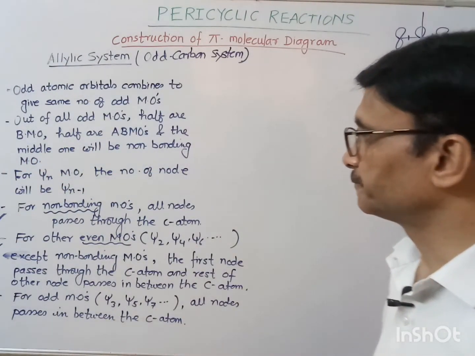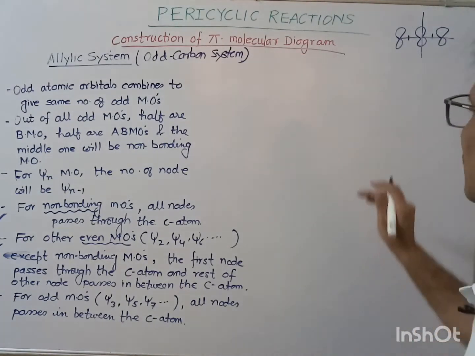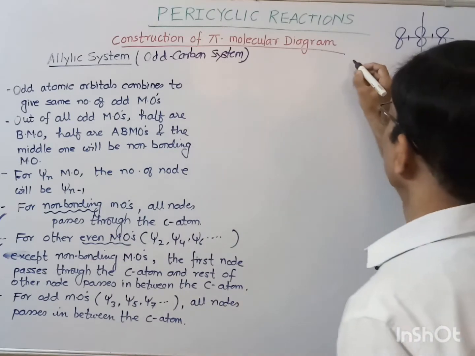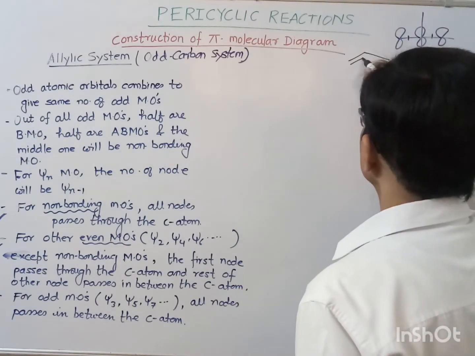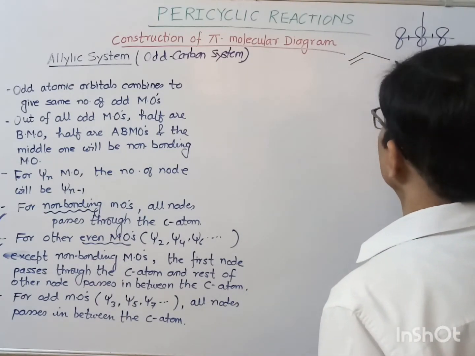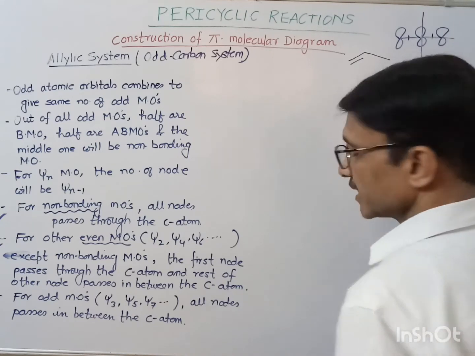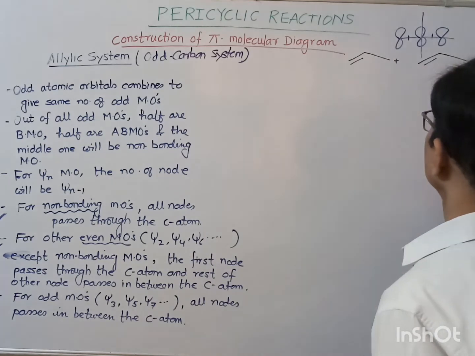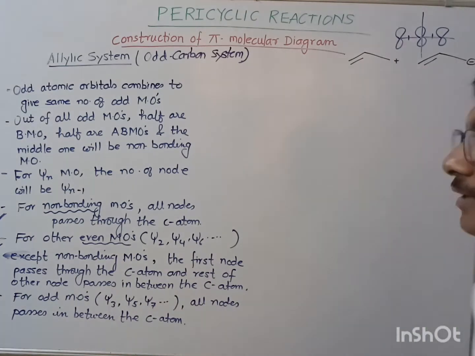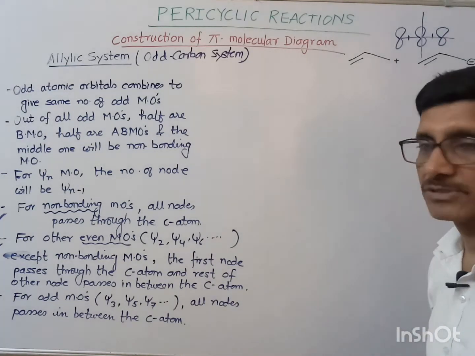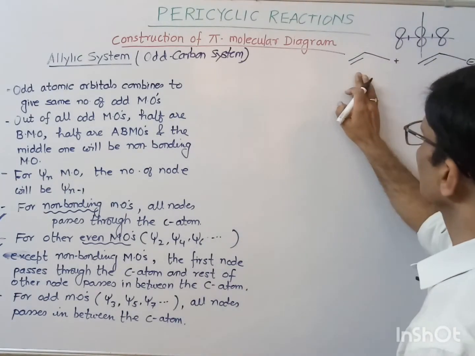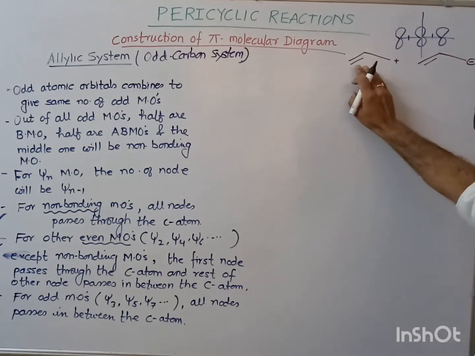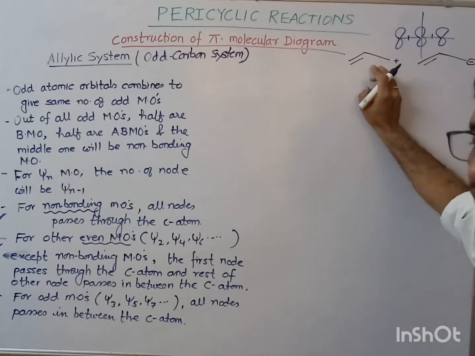Now let's see the simplest molecular orbital diagram for the 3-carbon system. Suppose this is a 3-carbon system or allylic system, we can say the allylic cation, or we may say the allylic anion. For this 3-carbon system, the number of carbon atoms is 3, so the number of p orbitals is 3.